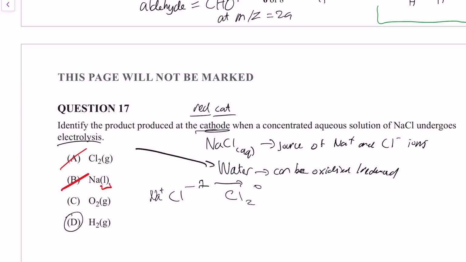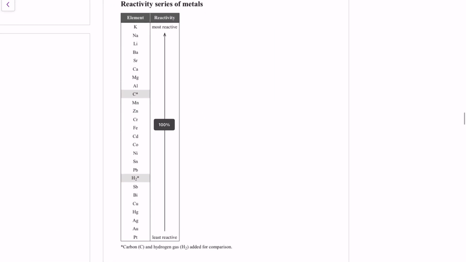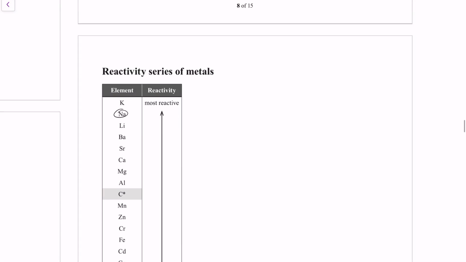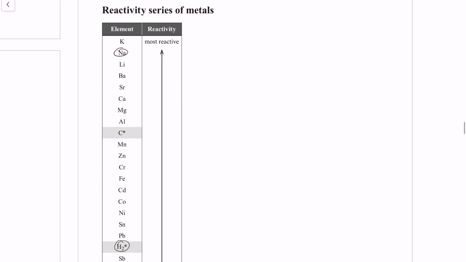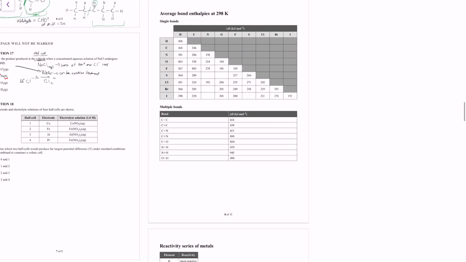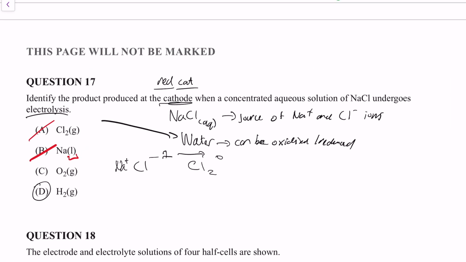It won't really be produced in aqueous electrolysis because, as we said, it's too reactive, and water gets reduced instead. Another way you can look at it is that Na is really reactive compared to H2, which is also an indicator there. It also proves that theory.